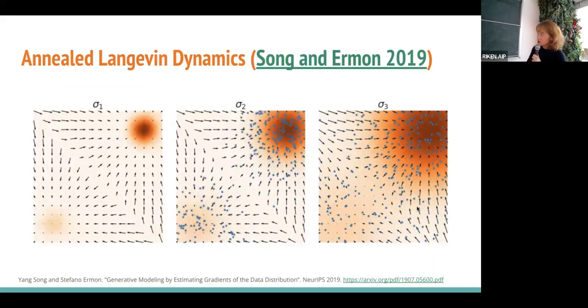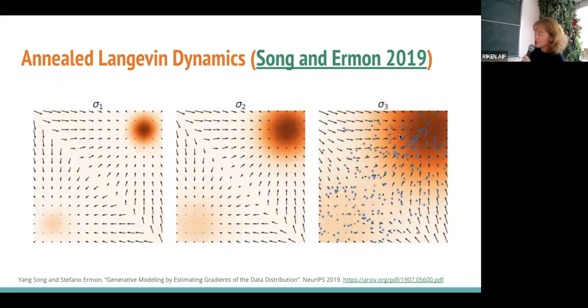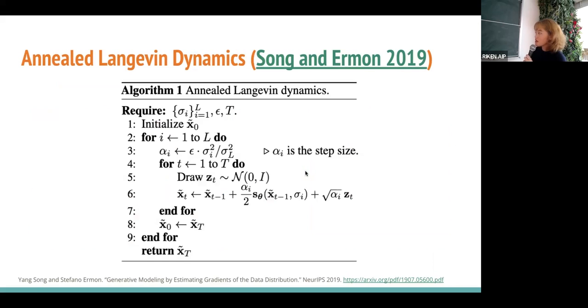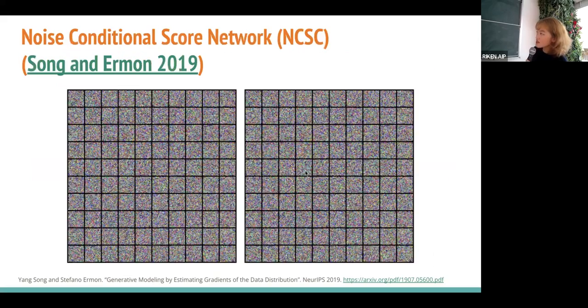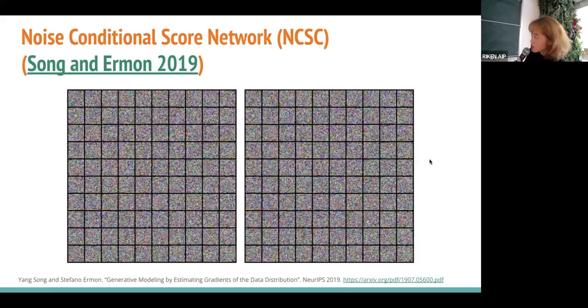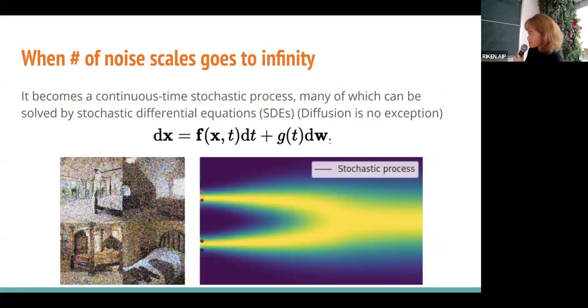Based on this, people have developed what is called annealed Langevin dynamics. This is exactly what I just described. This is the algorithm, and you can get very nice samples from it, and with some neural network magic, you can get results very comparable to the GANs at that point.